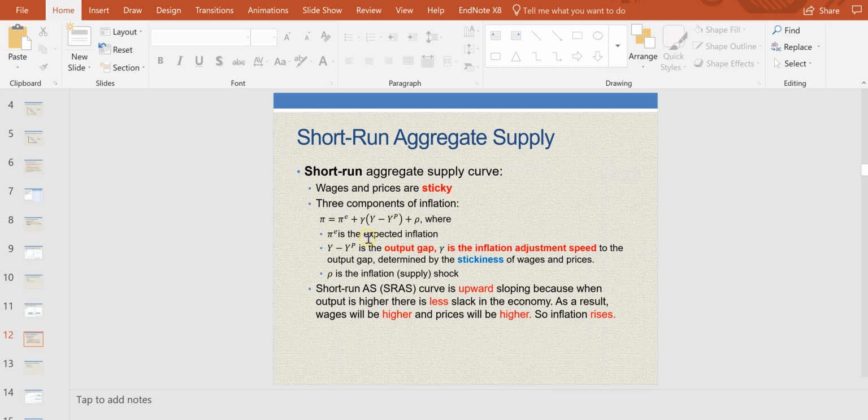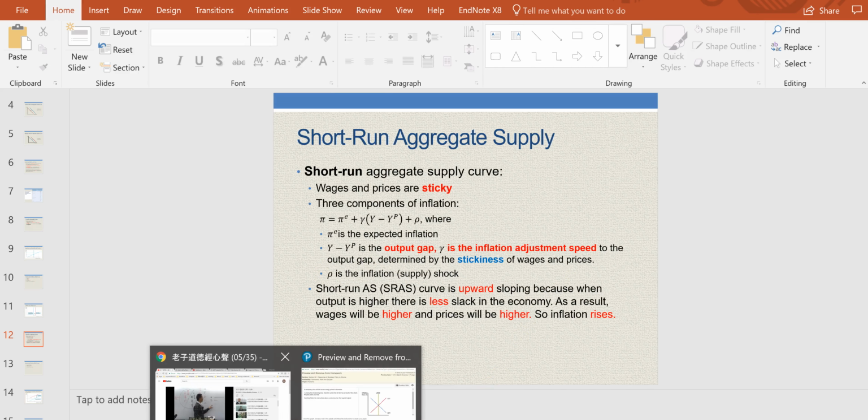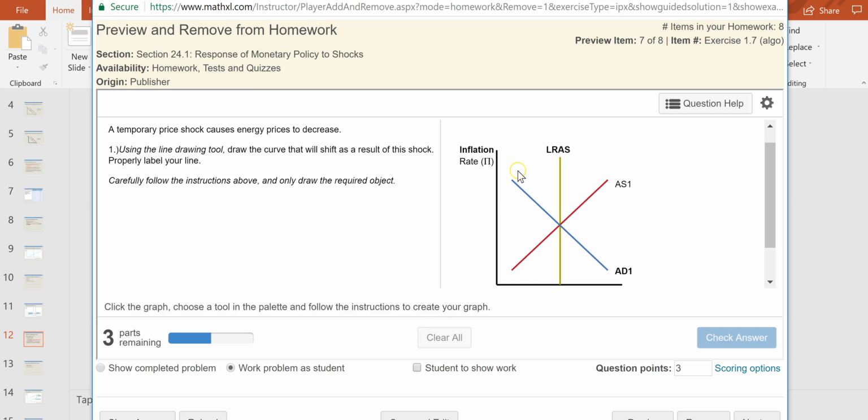The factors include expected inflation, the output gap, persistent output gap, and this rho, that's the inflation shock. So the setup is consistent with this rho here. It's an inflation shock, a supply shock, specifically because inflation will go down, right? Because energy prices decrease. So this AS curve will shift down.